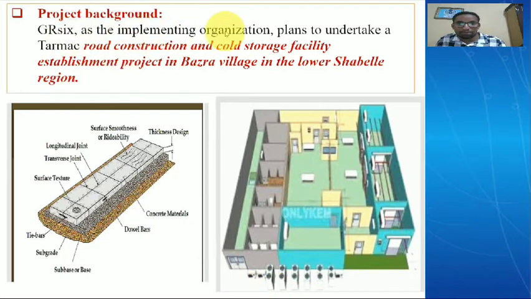So here is the project background. GR6, as an implementing partner organization, plans to undertake a tarmac road construction and cold storage facility establishment project in Basra village in Lower Shabelle region, Somalia. So as you can see, in this proposed project, we are proposing construction of a 15-kilometer tarmac road, as well as a cold storage facility establishment.